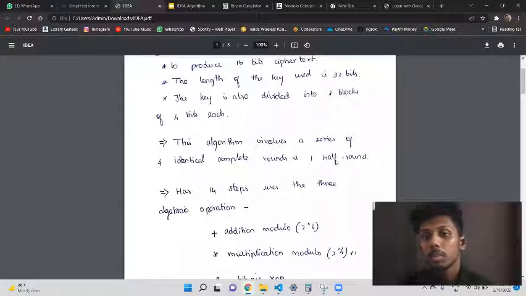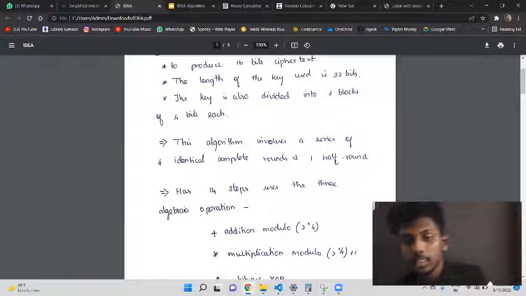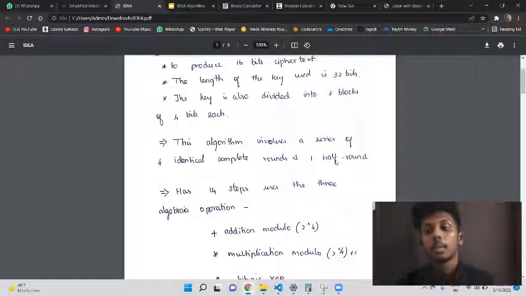This algorithm involves a series of 4 identical complete rounds and 1 half round. 4 identical rounds means the cipher text will be the result after the plain text goes through these 4 identical complete rounds and one half round.